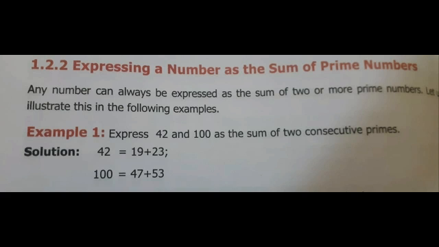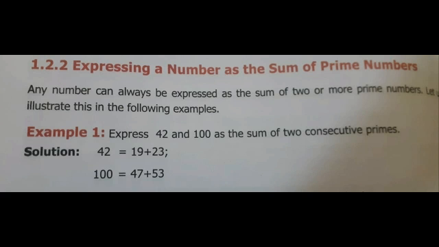Okay, so now how to get 42? We can check 2 plus 3, it won't be possible, and 3 plus 5 is also not possible, 5 plus 7. Likewise we can check only with the help of prime numbers. So 42 is equal to 19 plus 23.